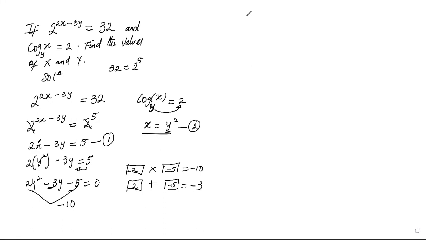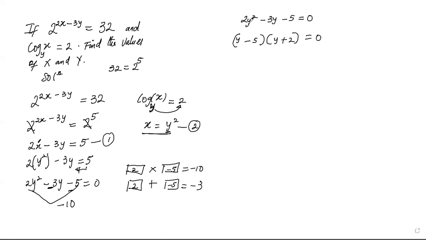So from here, I have 2y squared minus 3y minus 5 is equal to 0. Now the next thing you want to do is open up brackets like this. This is a very short way of solving a quadratic equation. So we have y here and y here, and the two values are minus 5 and plus 2.